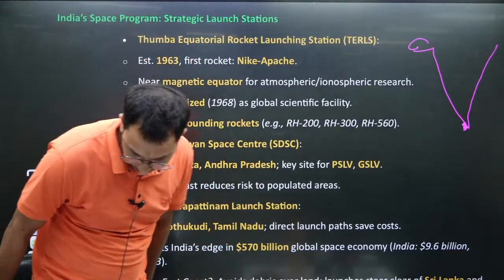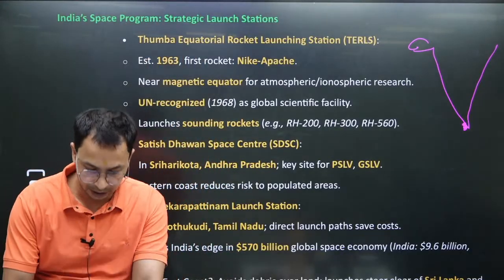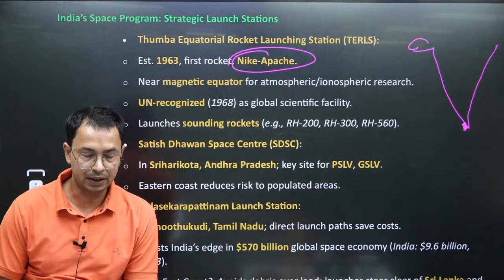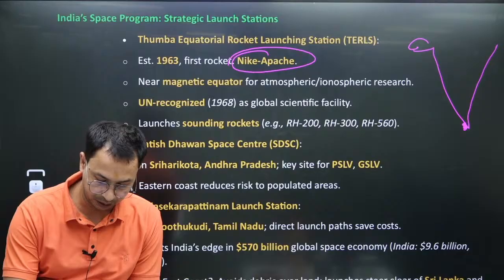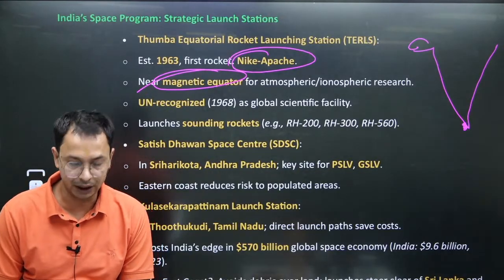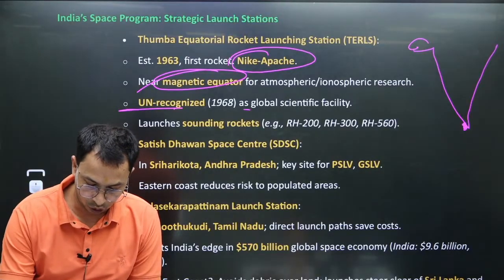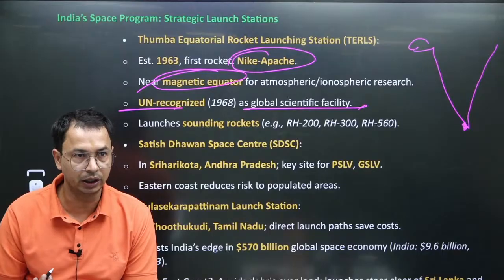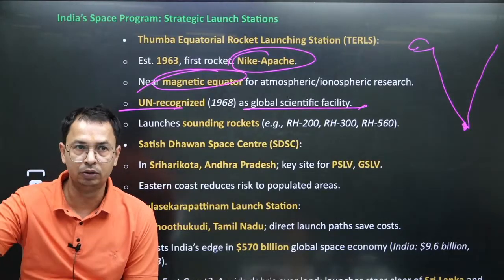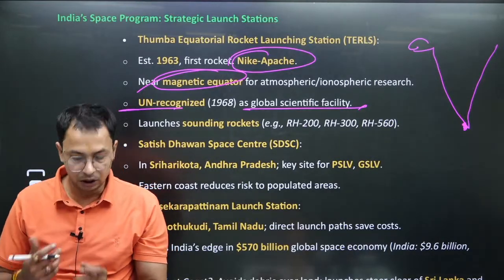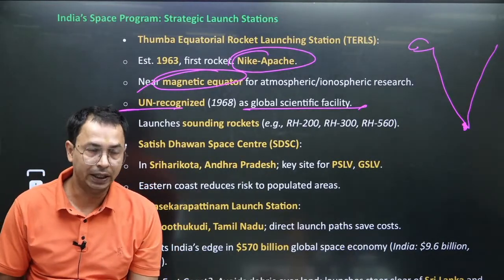And the first rocket that we launched was the Nike Apache. And why did we choose Thumba? Because Thumba has proximity with the magnetic equator, and Thumba is recognized by the UN as a global scientific facility. From Thumba we launched the sounding rocket, and this sounding rocket probes the atmosphere. Even different countries of the world launched their sounding rockets from Thumba itself.